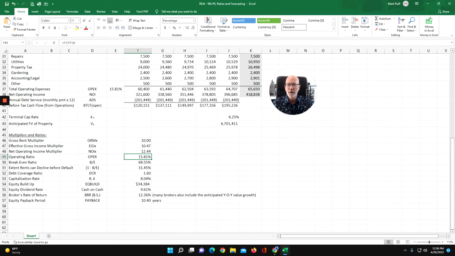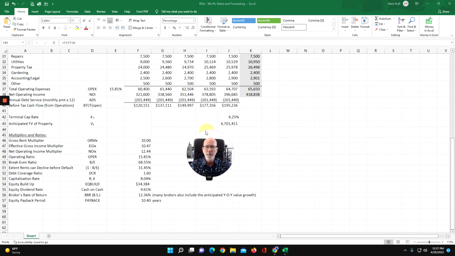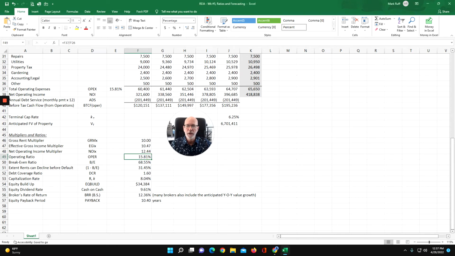Recall at last night's class, we mentioned that this operating ratio typically ranges anywhere from maybe 28 on the low side, and then you would kind of go up from there. The higher the operating ratio, typically, the more inefficiently the building is being operated. Or number 2, maybe the property is just old and needs some upgrades. So a lot of the EGI is being chewed up in OpEx.